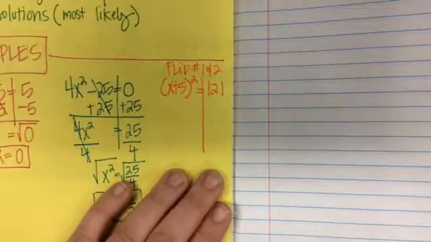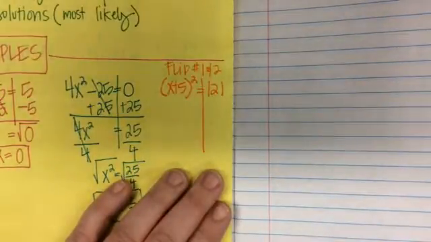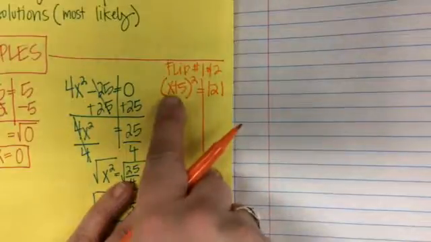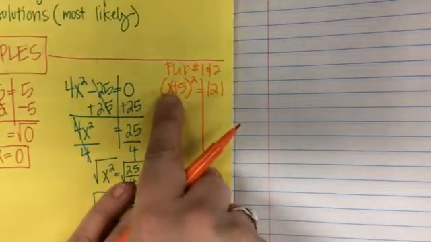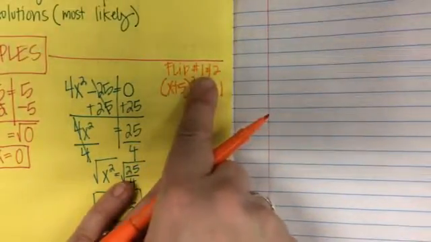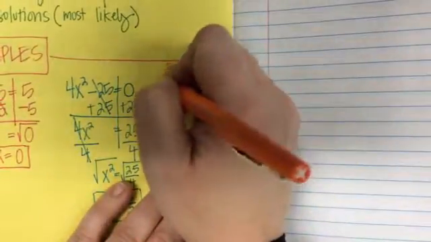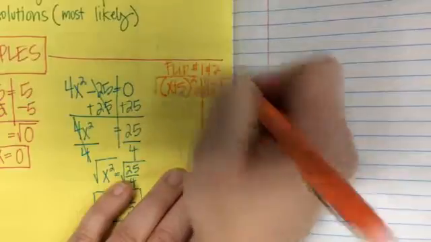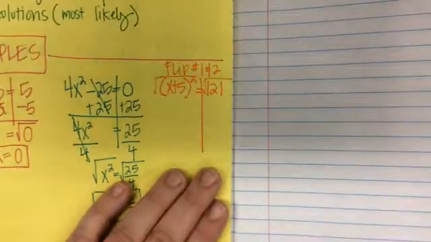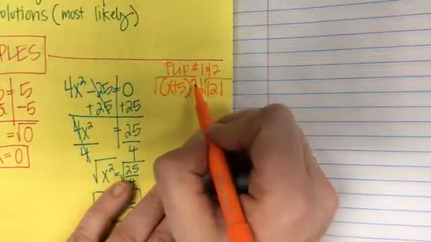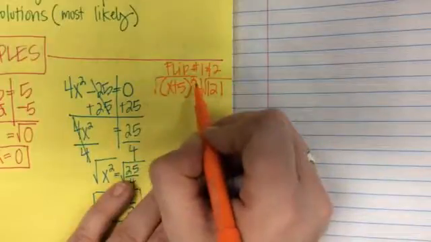In this problem, instead of isolating x squared first, because there really isn't an x squared, right? It's x plus 5 squared. In this problem, I'm going to square root first. And taking the square root of something that's squared, are those inverses of each other? Yes.